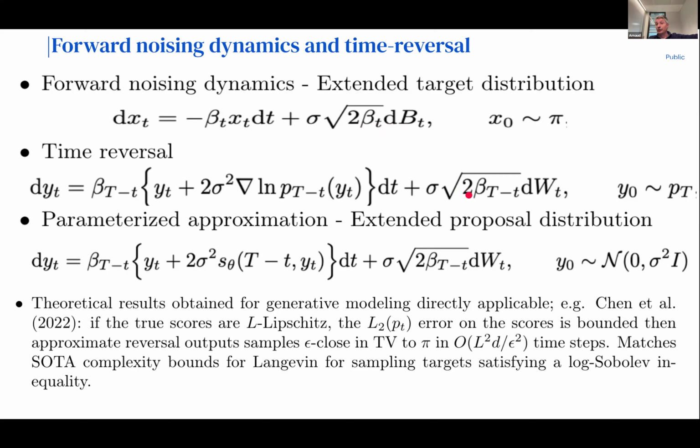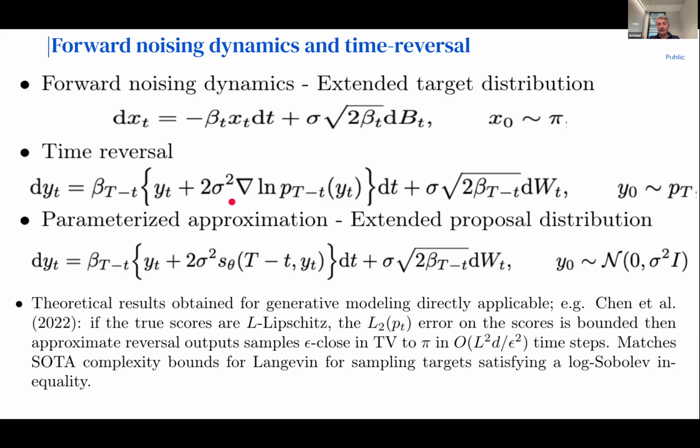Okay, so that's the key idea behind the noising diffusion model, but you can apply exactly the same idea in Monte Carlo methods. So if we could simulate the time reversal of this process, which is given by this diffusion, then we would obtain at time capital T a sample from pi.